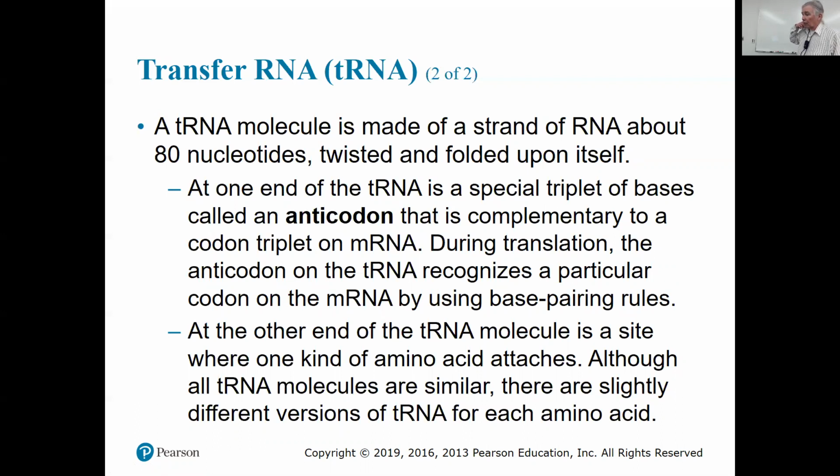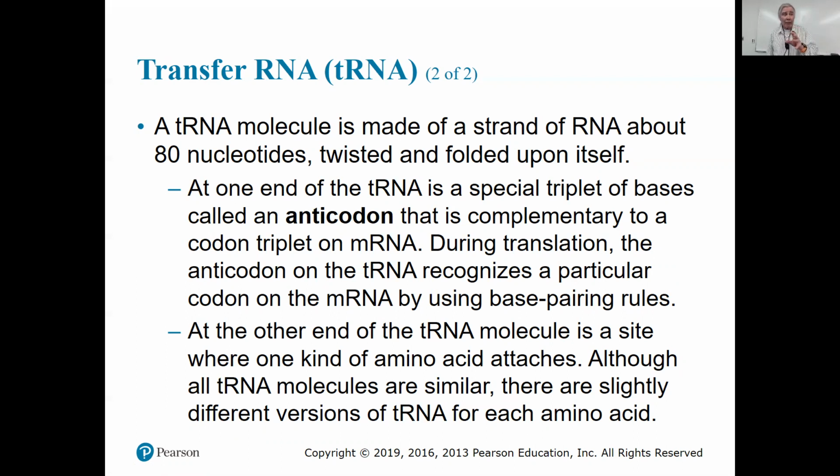During translation, the anticodon in the tRNA recognizes a particular codon in the mRNA using the base pairing rules. At the other end of the tRNA is a site where one kind of amino acid is attached. Although all tRNA molecules are similar, there are slightly different versions of tRNA for each amino acid.